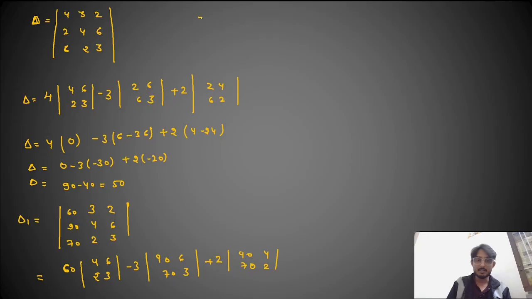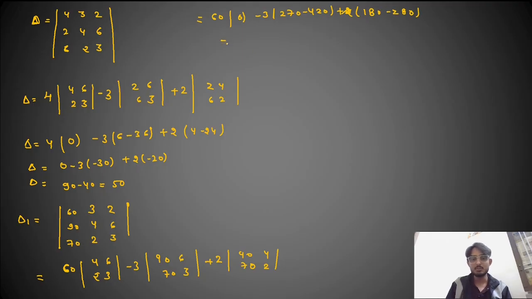So we'll get the answer as 60 into 4 3 is 12, 6 2 is 12, 0 minus 3, 90 into 3 is 270, and 70 into 6 is 420. 270 minus 420. Here plus 2, 90 into 2 is 180, minus 7 4 is 28, minus 280.